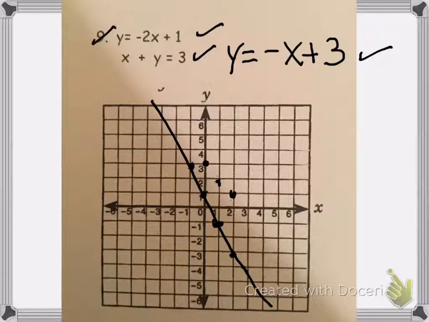And as you can see, I'm having a little bit of trouble with that. And then you would just continue. Here I'm going to go up 1, left 1, up 1, left 1, and it looks like they're going to intersect right there, but since I didn't draw my line very straight, it's kind of hard to tell. As you guys are doing this, be sure that you're using a ruler.